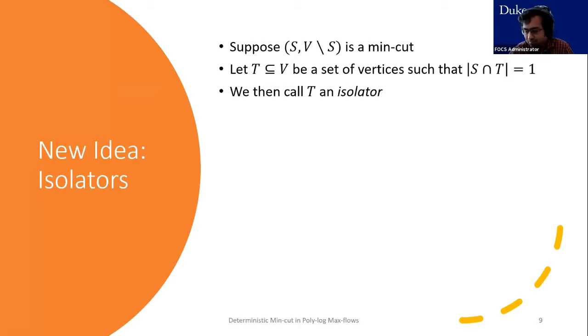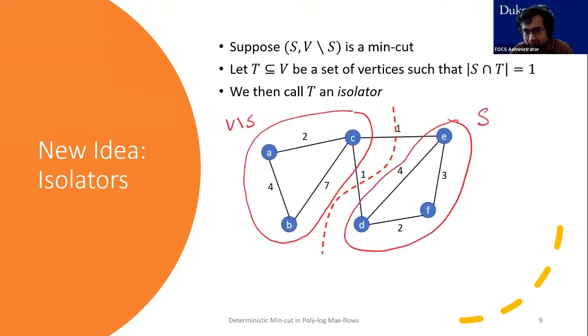The set itself can have any arbitrary number of vertices, but it must have the property that it hits one of the sides of the cut at exactly one vertex. It could be any of the vertices on that side, but exactly one of them. If you give me such a set, I call that an isolator. So the vertices I've circled in green are an example of an isolator set.